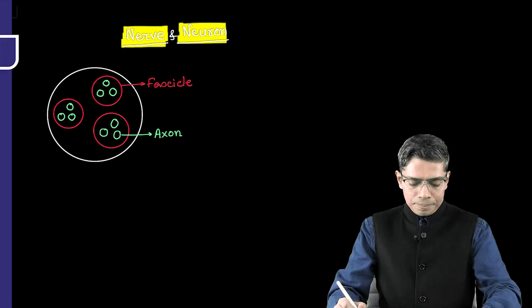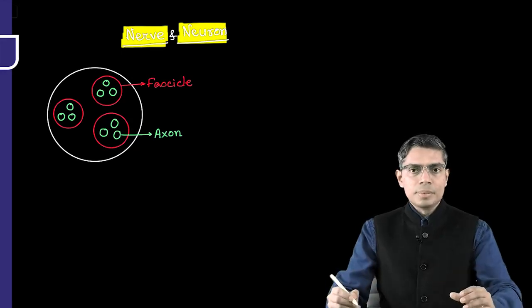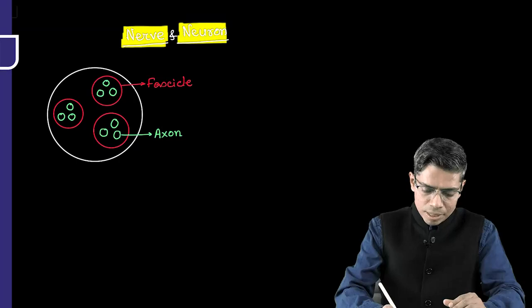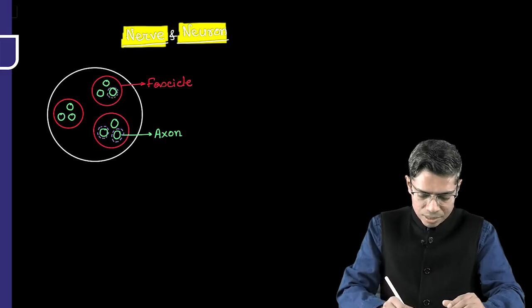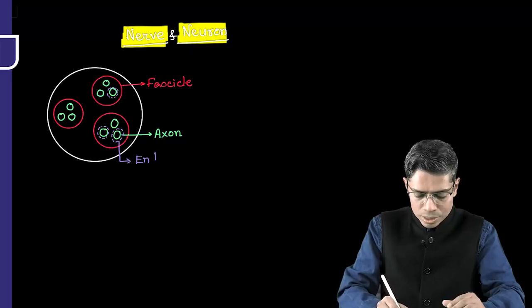Now you know this nerve fiber, they are surrounded by a connective tissue layer. So the connective tissue is covering this individual nerve fiber. So this is another connective tissue. Similarly, all these nerve fibers will be surrounded by connective tissue. This connective tissue covering is known as endoneurium.